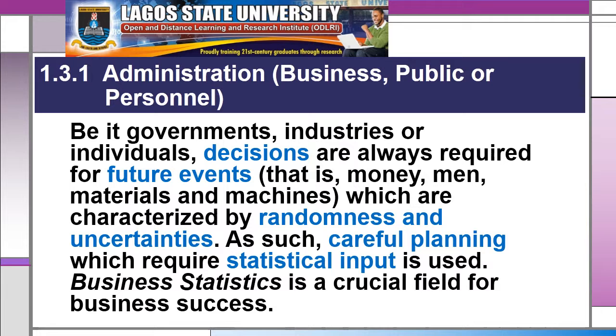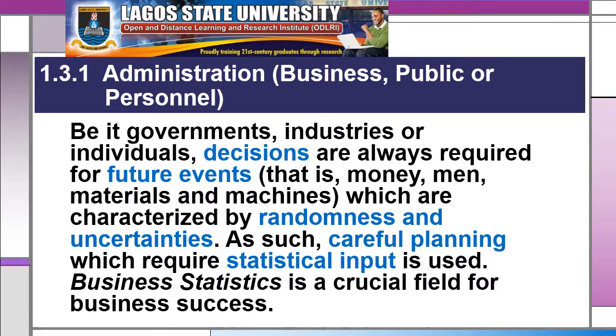And this is actually part of the situations under which decisions are made. As such, the emphasis here is that careful planning is needed in order to make decisions on future events that are characterized by randomness and uncertainty.